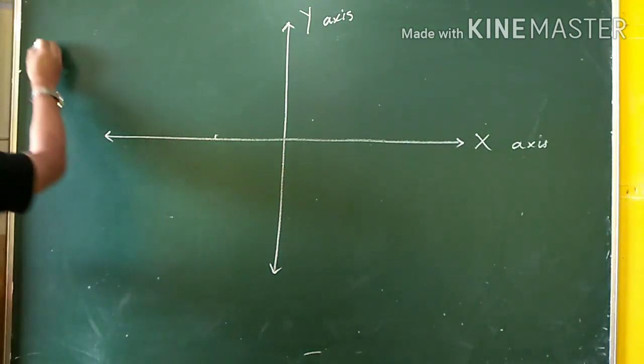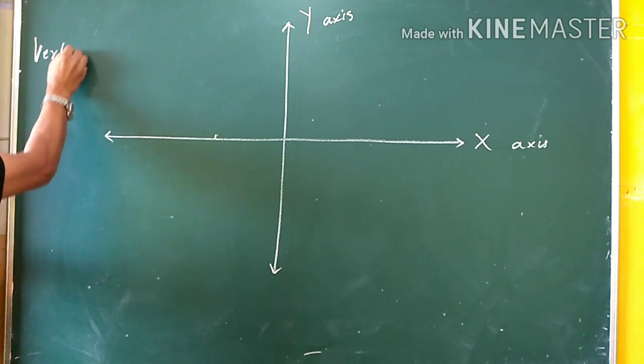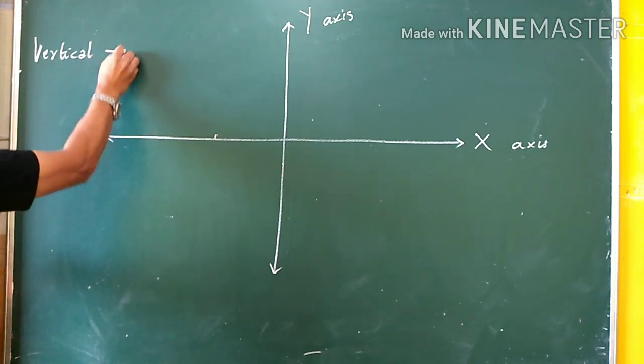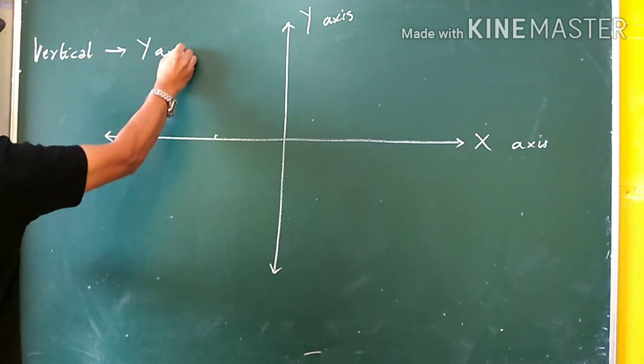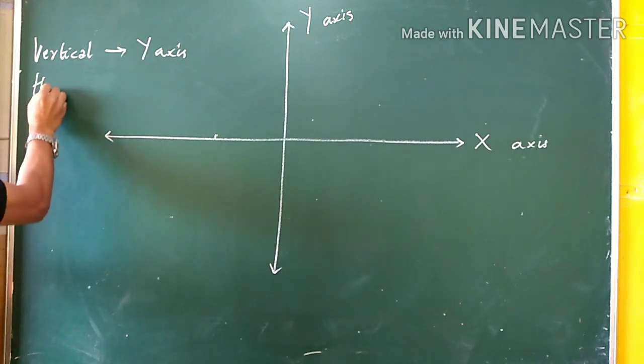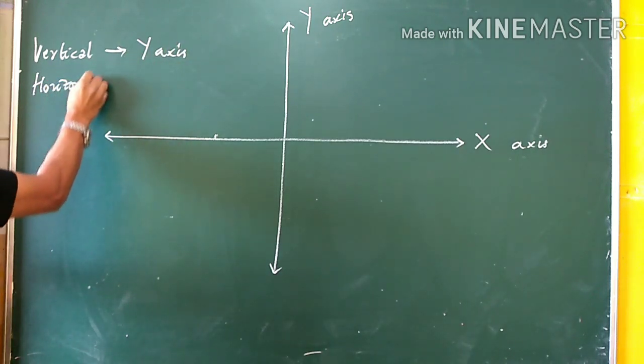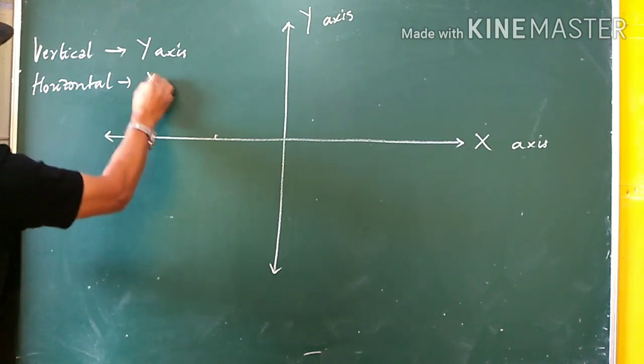Okay, so let's write it down. The vertical line is represented by the y-axis and the horizontal line is represented by the x-axis.